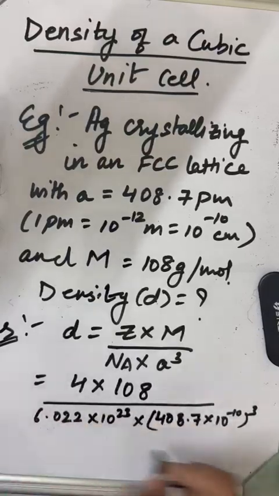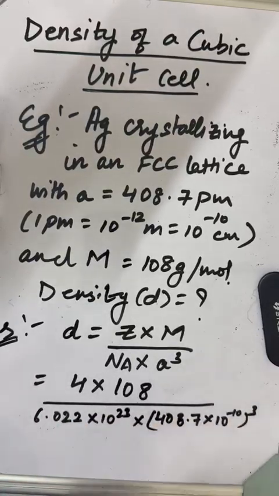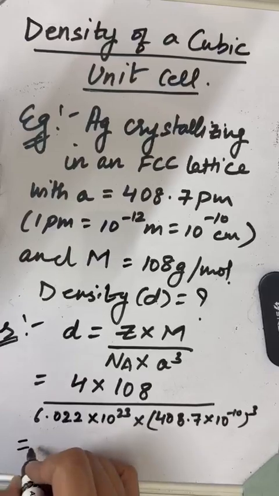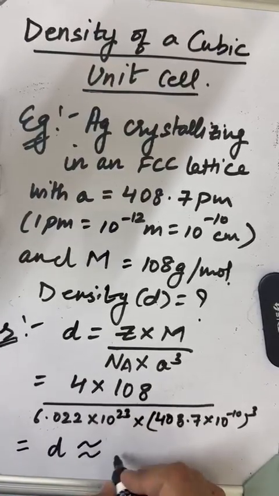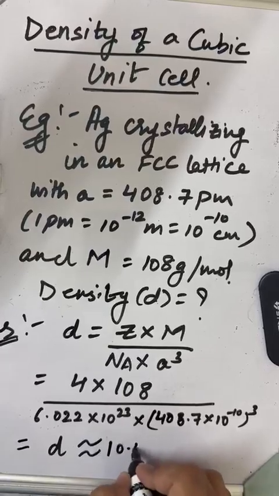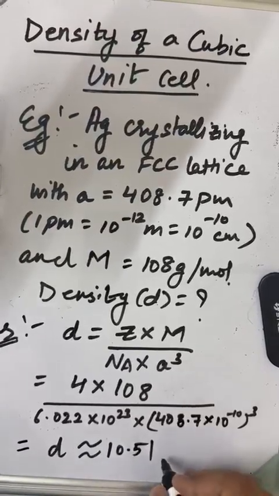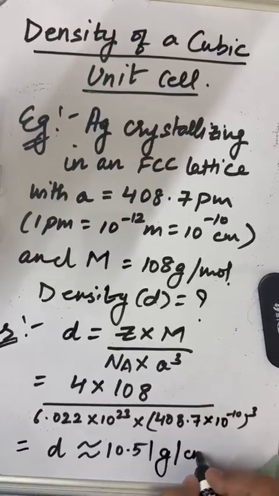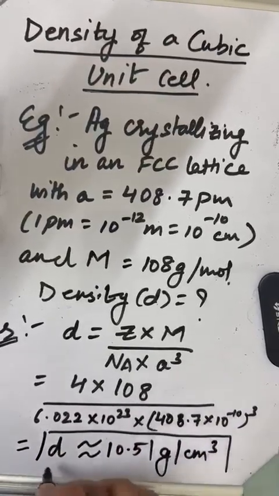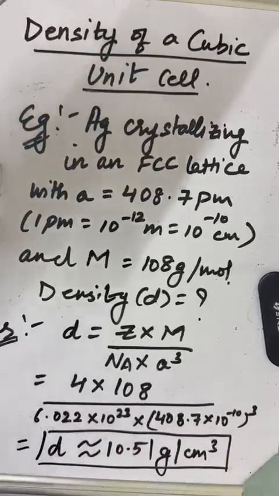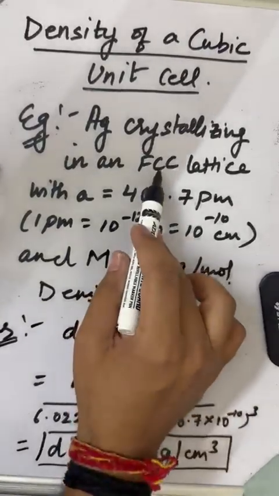You can always use a scientific calculator to solve. So you will arrive at the value of D being approximately equal to 10.51 grams per centimeter cube. I have already done my calculation in the scientific calculator, and this is how we calculate the density of a unit cell, whereby the configuration is mentioned in the question.